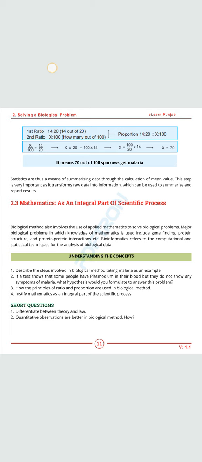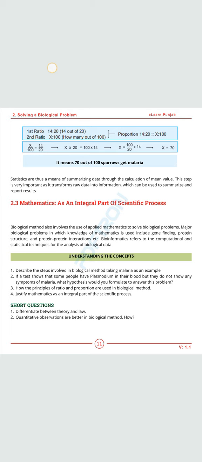Proportion: 14 ratio 20 proportion x ratio 100. This is the formula for the proportion. It means 70 out of 100 sparrows get malaria.